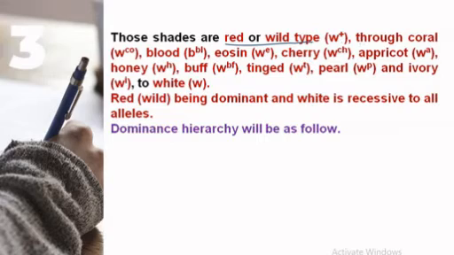denoted by W plus. Then from red, different mutant alleles arise: coral, W CO; blood, W BL; eosine, W E; cherry, W CH; apricot, W A; honey, W H; buff, W BF; tinged, W T; pearl, W P; and ivory, W I. And lastly we know very well the W allele.